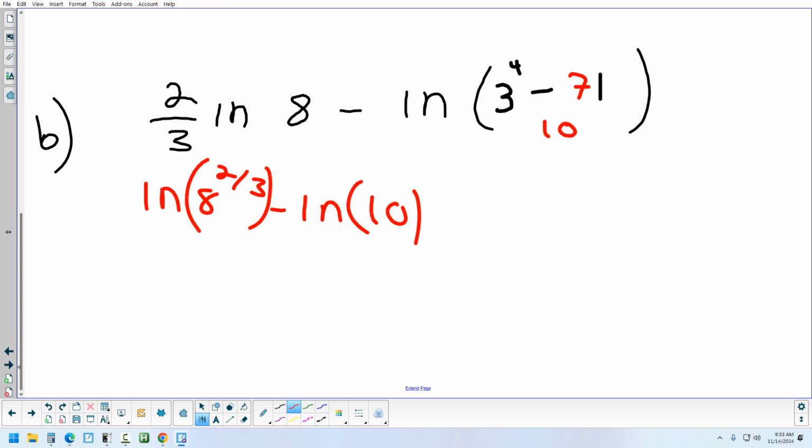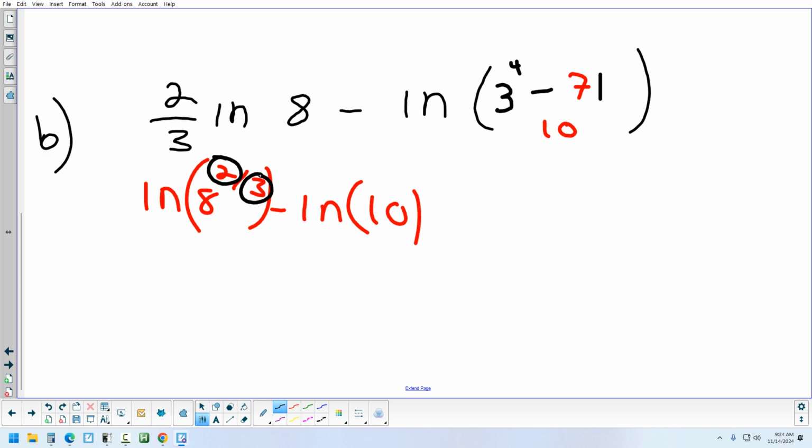All right, now 8 to the 2/3. Okay, if you need to do that out, this one actually comes out nice. That's the power you raise to. What you divide by is the type of root you take. And it doesn't matter the order you do them in. A lot of times doing the root first makes it smaller. Okay, so divided by 3 means what kind of root? Cube root.